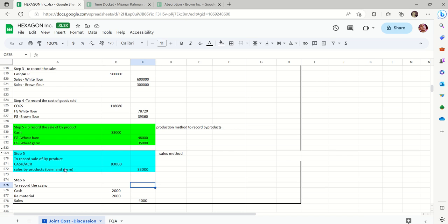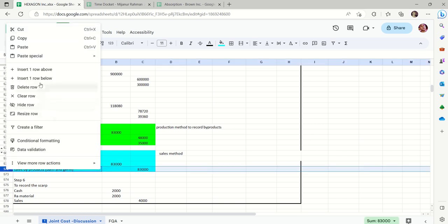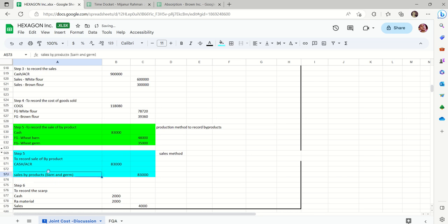Okay, you could also, if you like, do a breakdown as well. So let's say, instead of having it like this, you could say, well, I want to show them as sales barn, and then you could say sales germ.